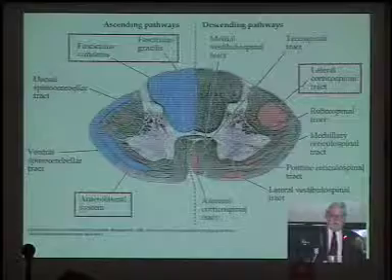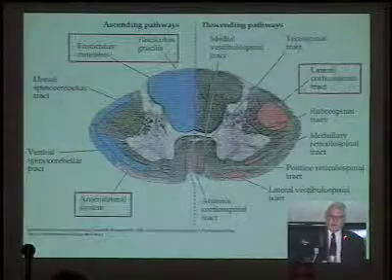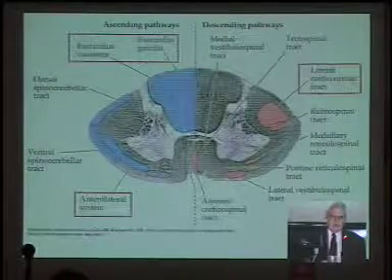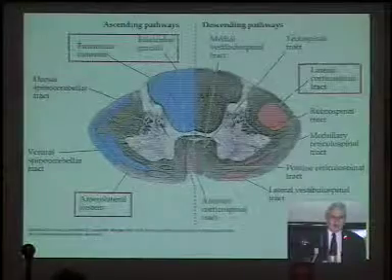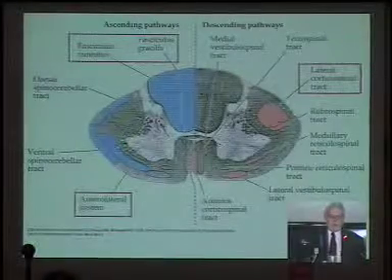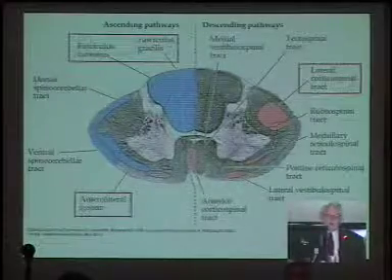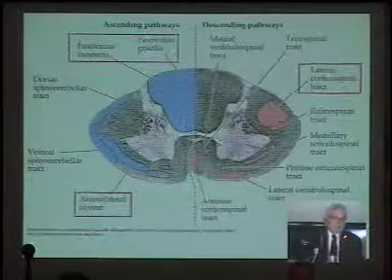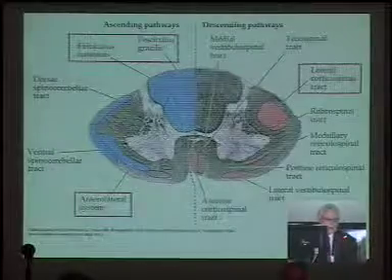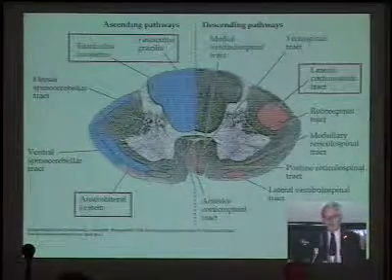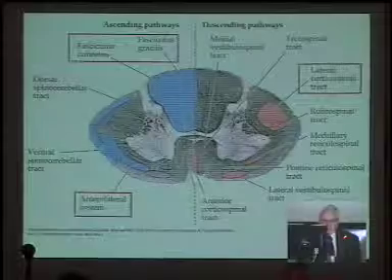You can get degeneration of these fibers here that carry information to the cerebellum and get cerebellar problems, but it is these 3 big, long pathways in the spinal cord that give us the largest symptomology.